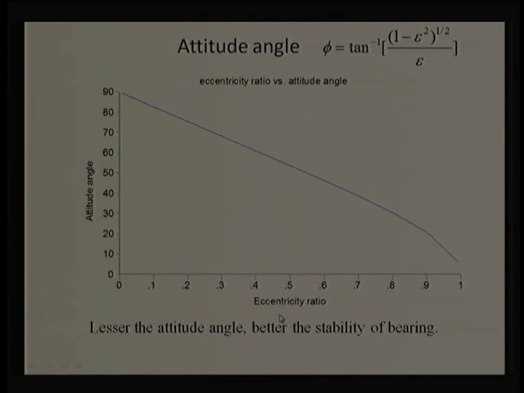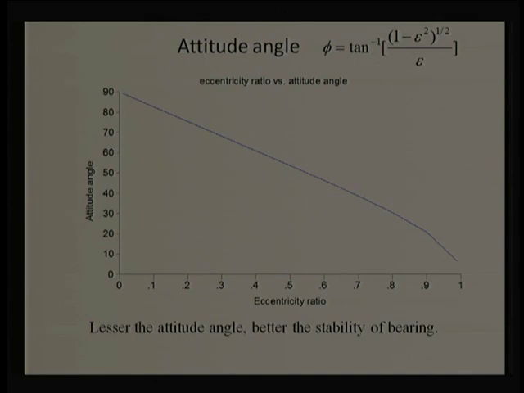The reason being, the lesser the attitude angle, the more the instability of operation. That is why, whenever the attitude angle is much larger and eccentricity is much smaller, we change the bearing, we reduce the bearing length, we make grooves in the bearing, so that eccentricity ratio is greater than 0.5 and the bearing is a little more stable.